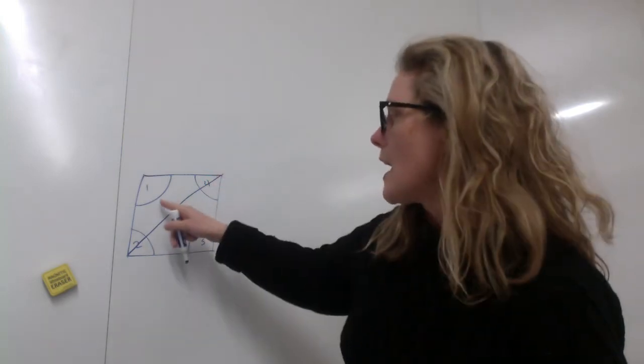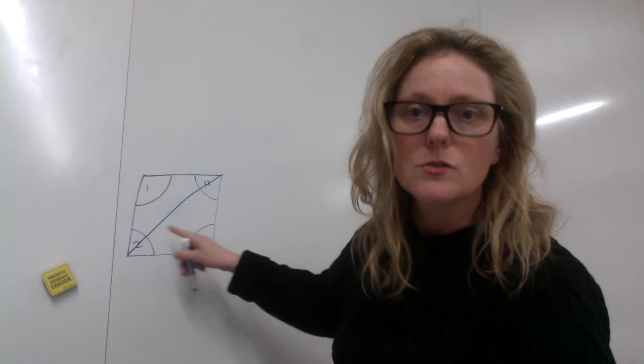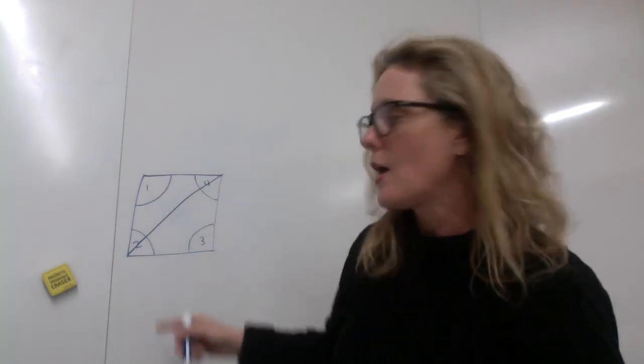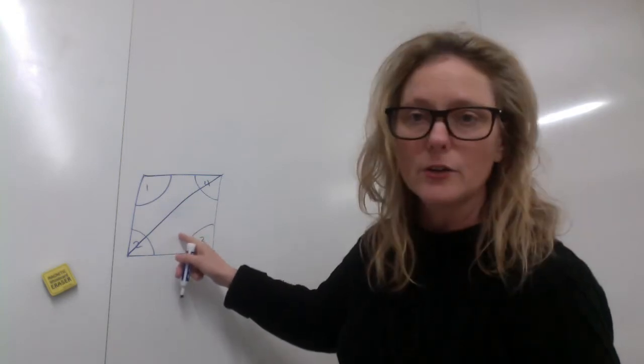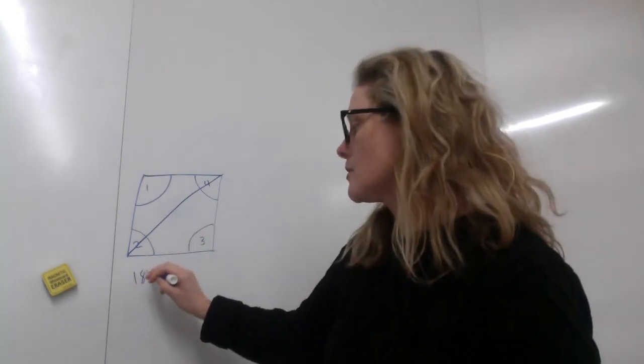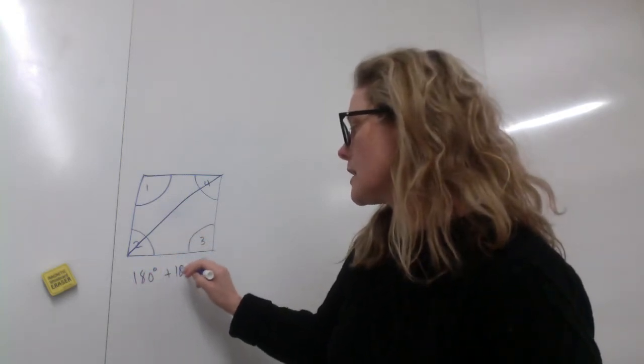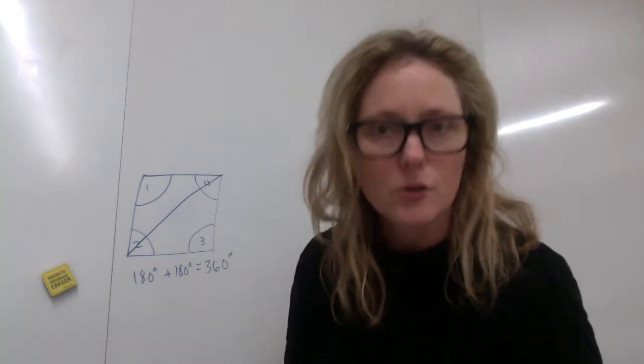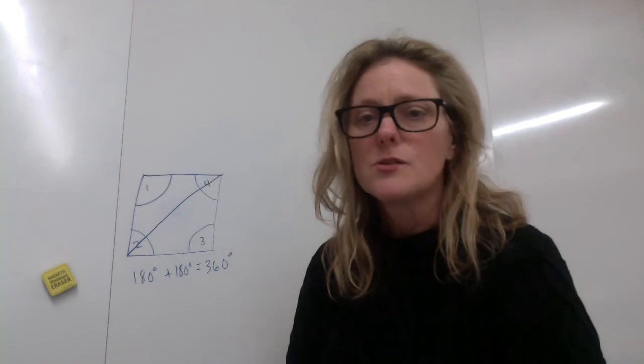So the angles of those 2 triangles make up the angles of the quadrilateral. That means this quadrilateral must have 180 degrees plus 180 degrees, 360 degrees.